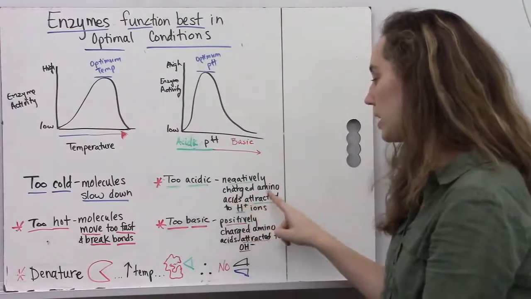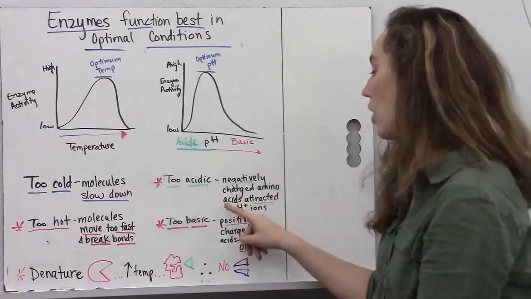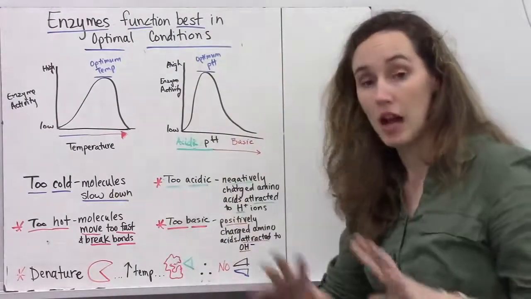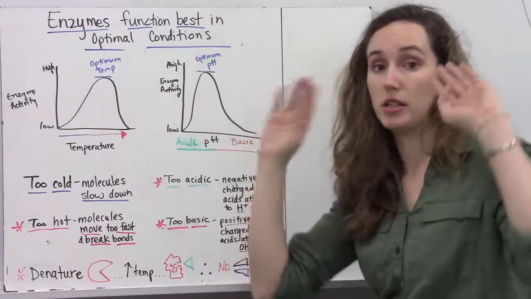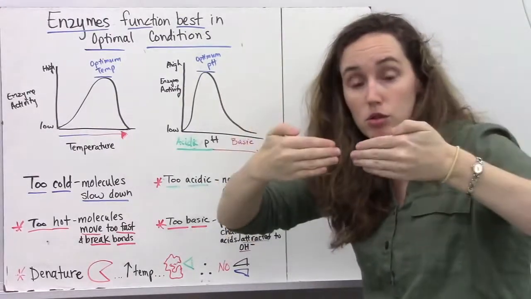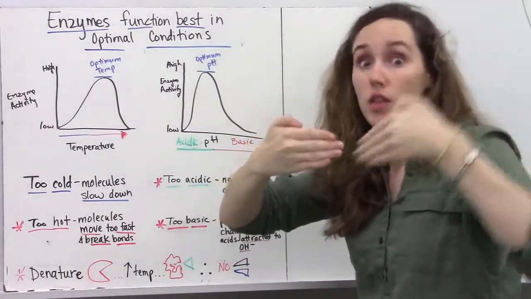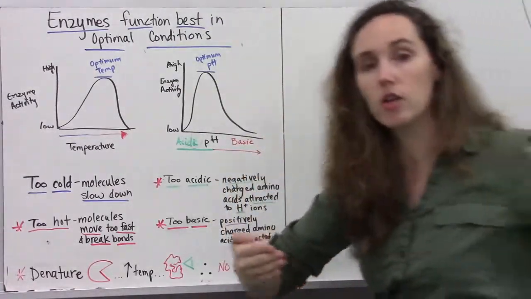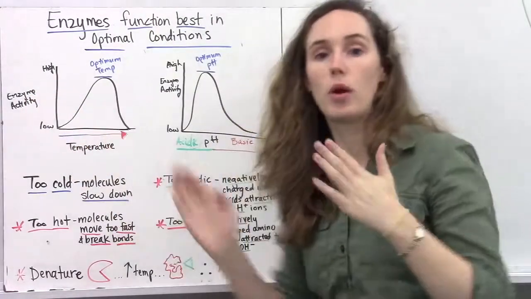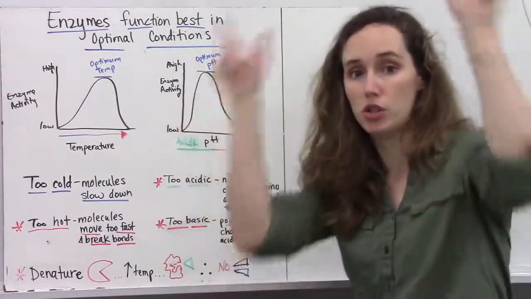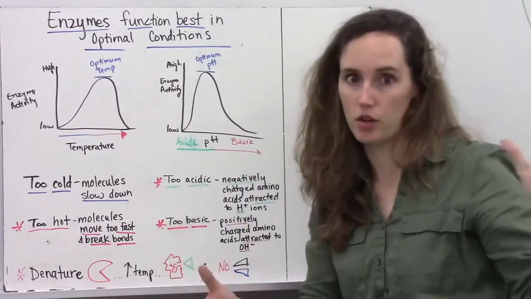then the negatively charged amino acids are going to be attracted to the hydrogen ions on the outside of it. And so instead of being folded in to make this special structure, some will want to leave and go over here or over here where all of the oppositely charged ions are.